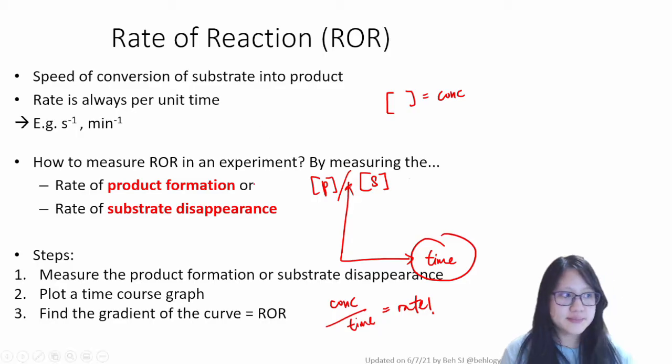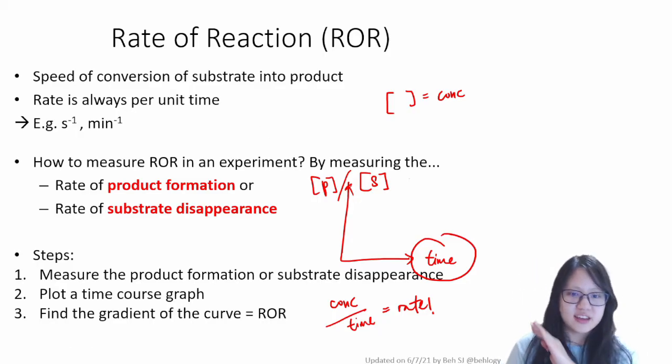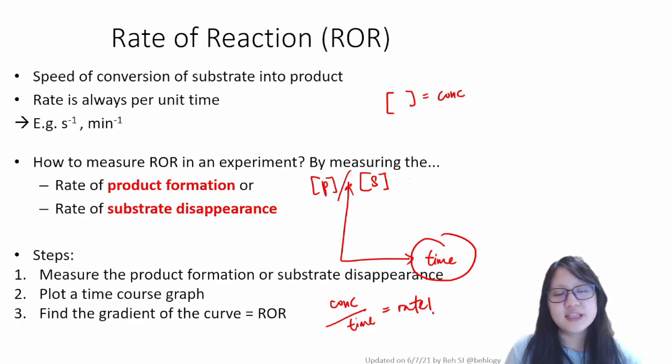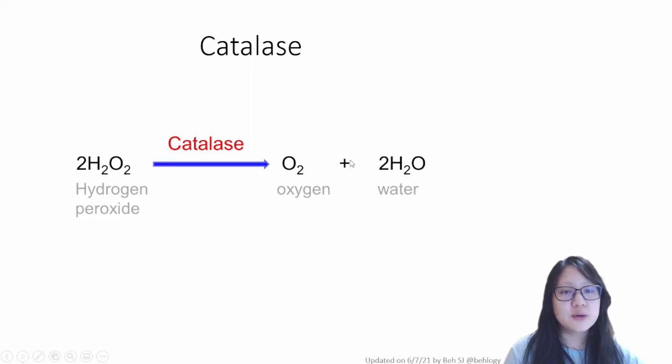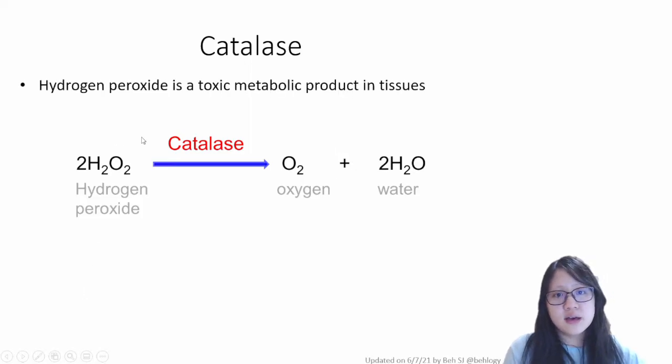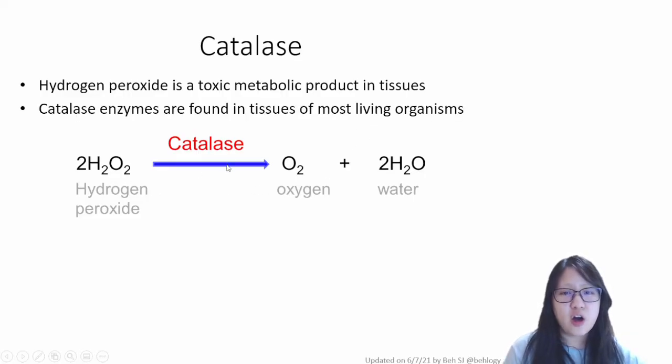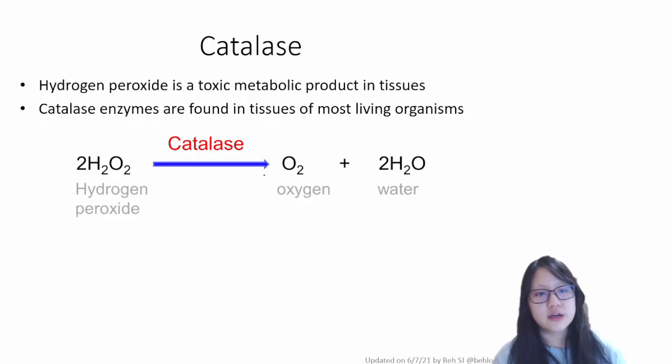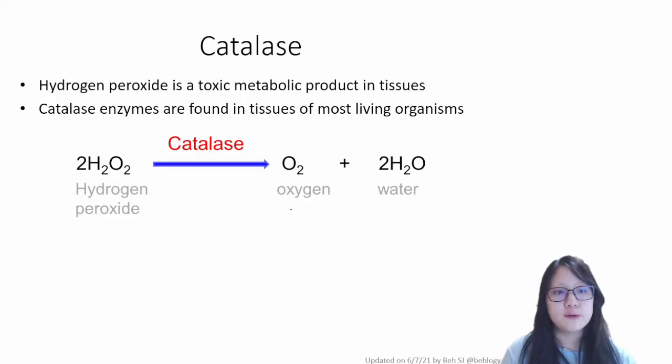So yeah, let's talk about rate of reaction and the time course graph using the two enzymes we'll be learning about today. Starting with catalase. Hydrogen peroxide is a toxic metabolic product in tissues, and therefore most living organisms have catalase enzymes in order to break down this toxic product into harmless oxygen and water.